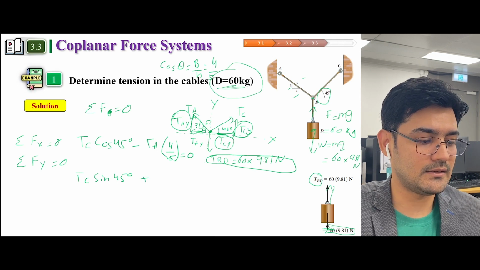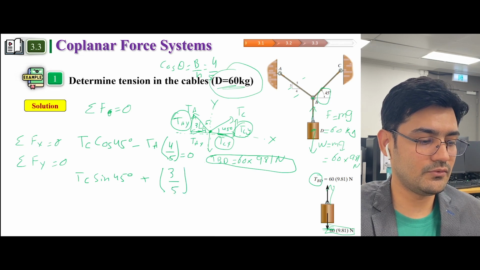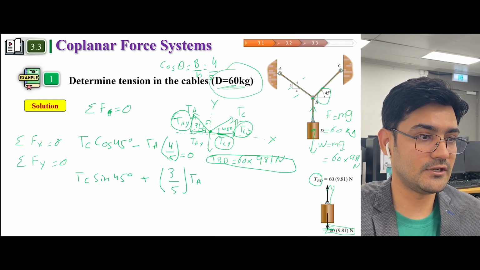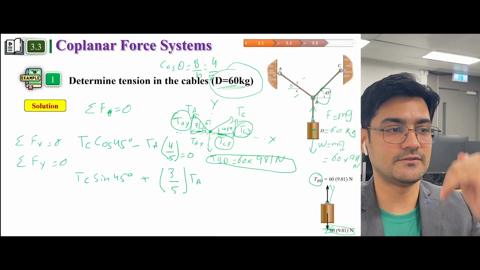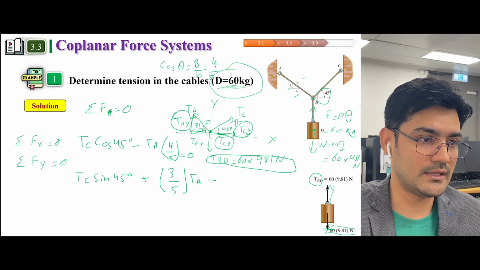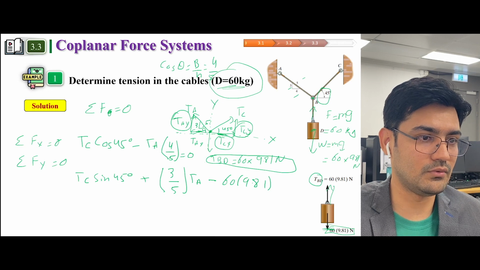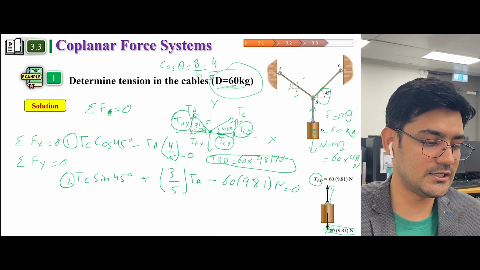And then we have perpendicular over hypotenuse for TA because it's a vertical component, and in upward direction you have positive, so weight is acting downwards, so you will put minus, and then you will put 60 into 9.81 Newton is equal to 0. So this is our first condition, this is our second condition.